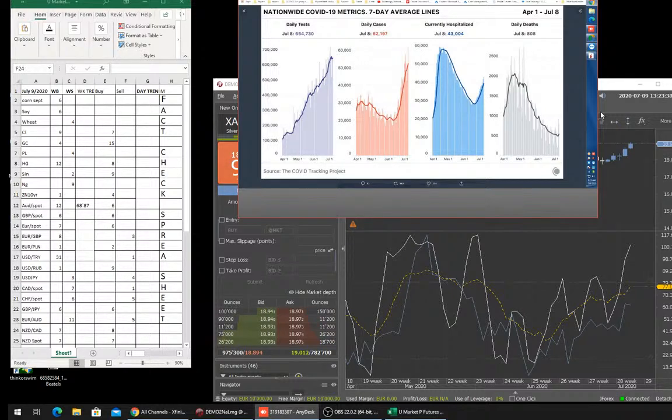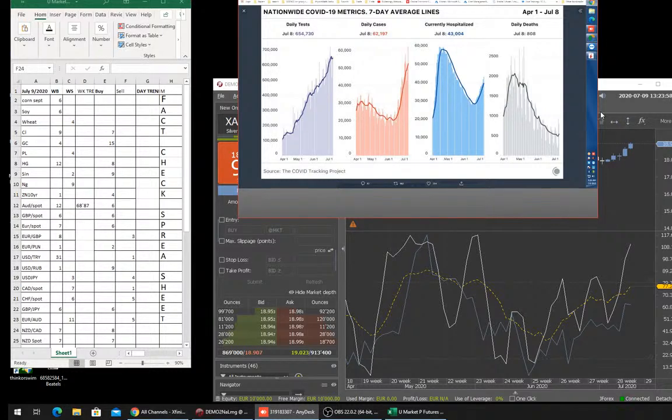Whatever it is, whoever it is, one thing is for sure. The numbers here show us that this virus situation is nowhere near the disaster that the governments are treating it as, and the public and the media in particular.